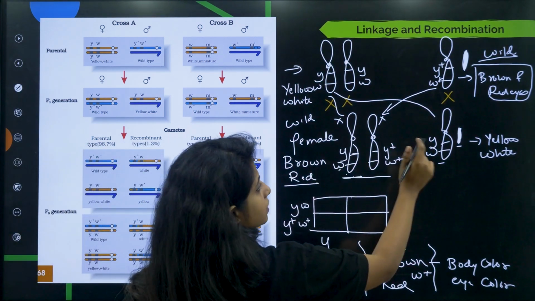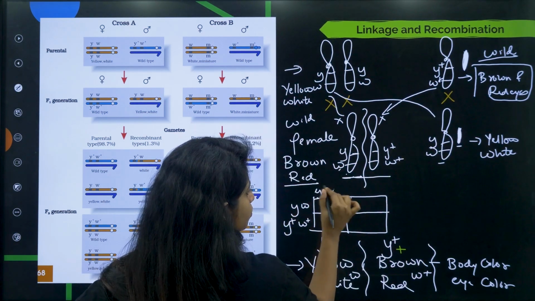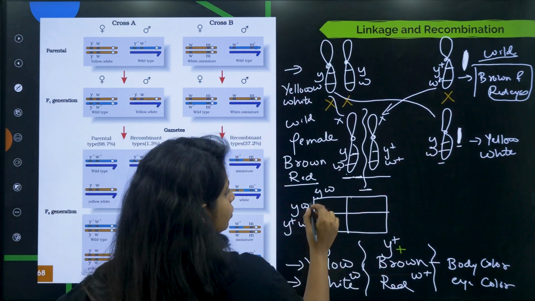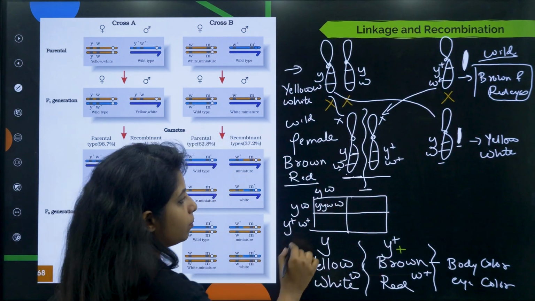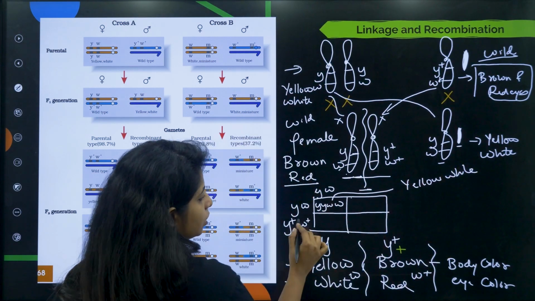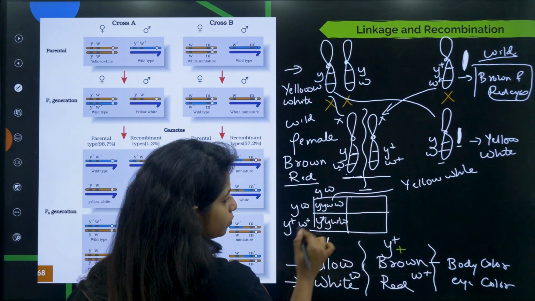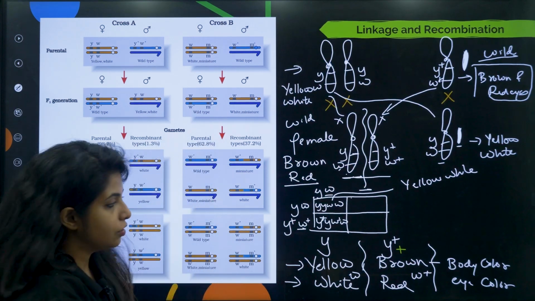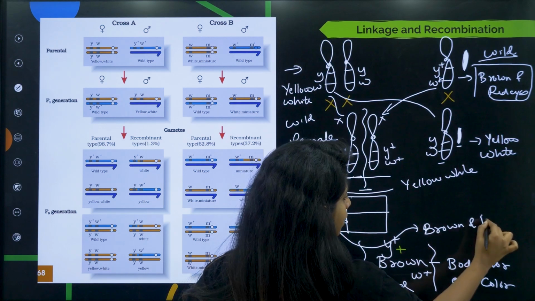Next, this chromosome can come or this chromosome can come. If this is coming, then small y, small w, and if this is coming, then nothing is happening over there. Now this and this combination happens, so small y, small w, small w, this will be yellow and white. Now this and this, it will be Y plus Y and W plus W, so this will be brown and red.